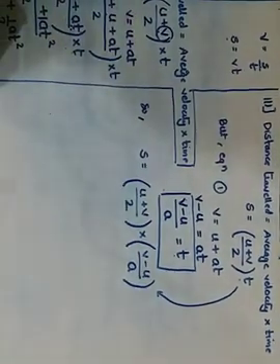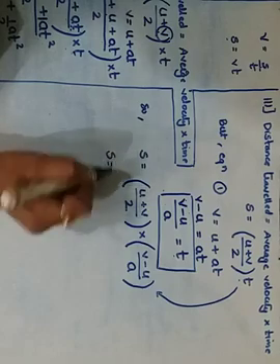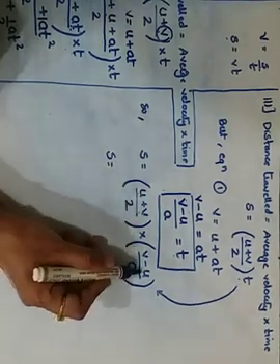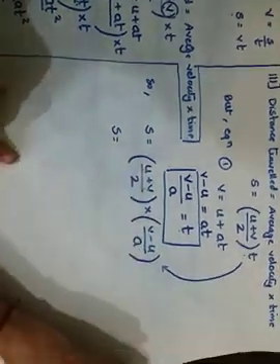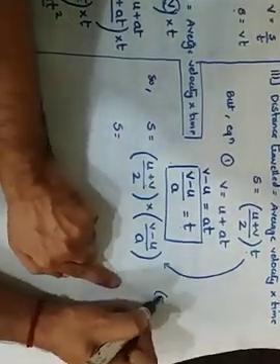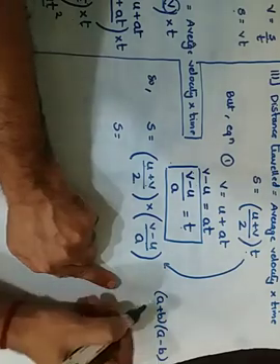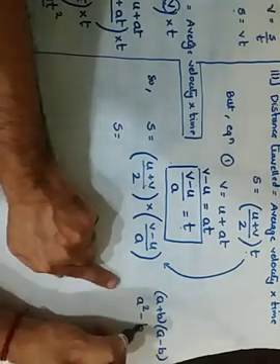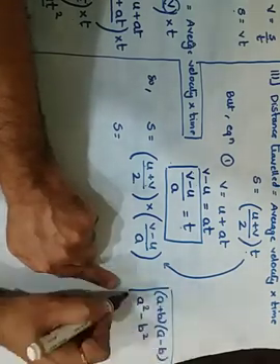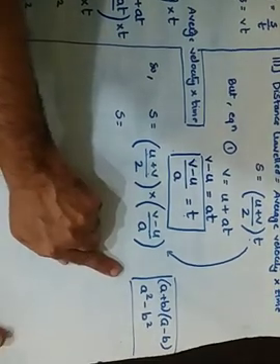Now according to the rule of factorization, this is something like a plus b, a minus b. Do you remember the maths formula? That is a plus b into a minus b is a square minus b square. So same here, only the variables have changed.